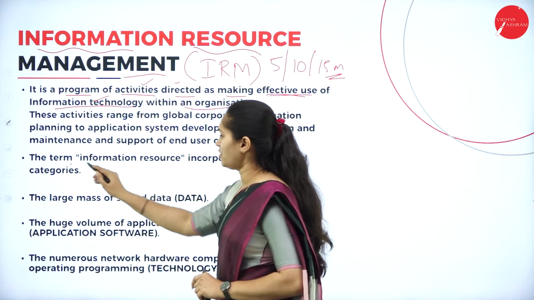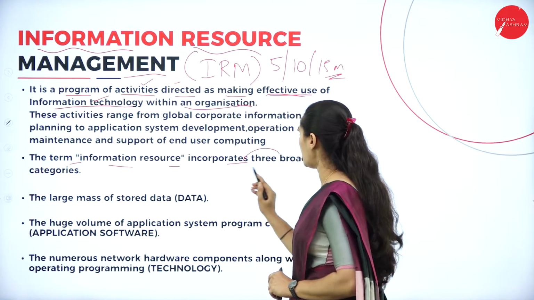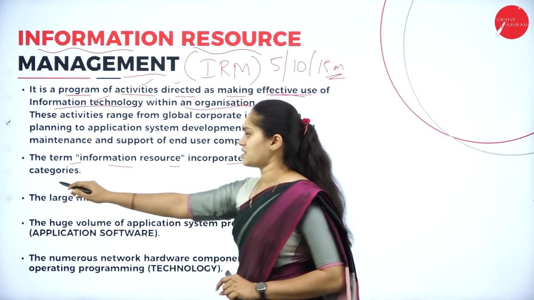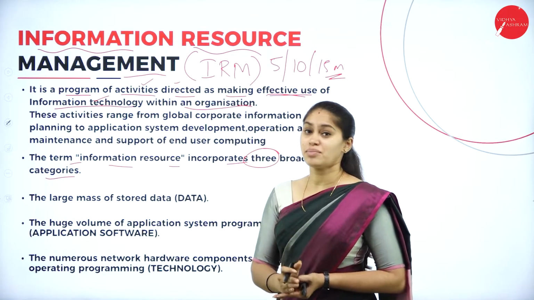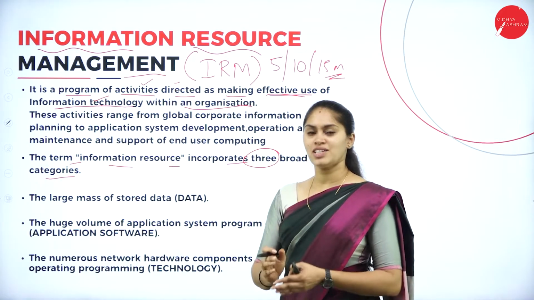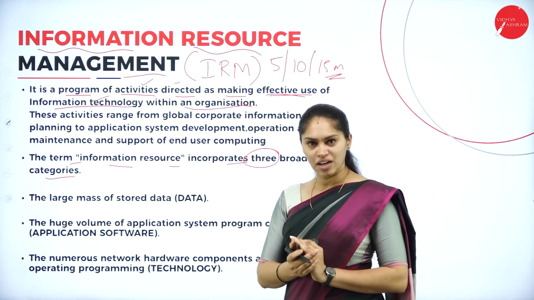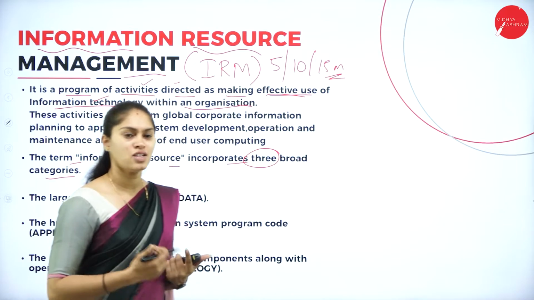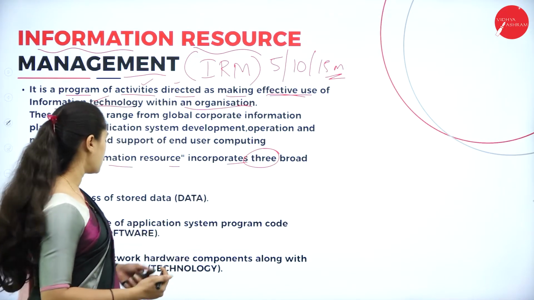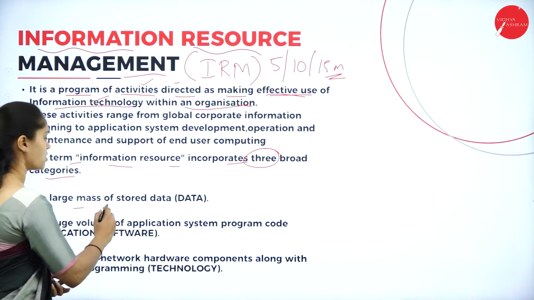Then this information resource management incorporates three broad categories. It has information, it has resource, and there must be management. We have to manage the resource of the information, because information is itself a resource. Okay, so it has three categories. We'll see, first is what? The large mass of stored data.